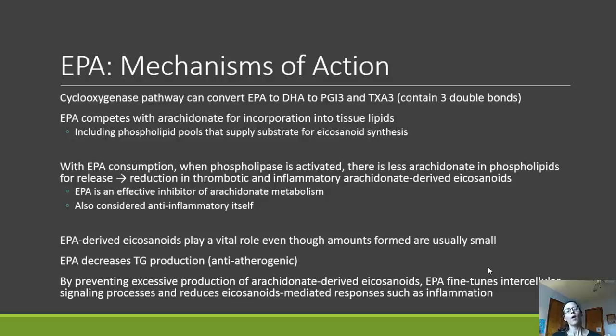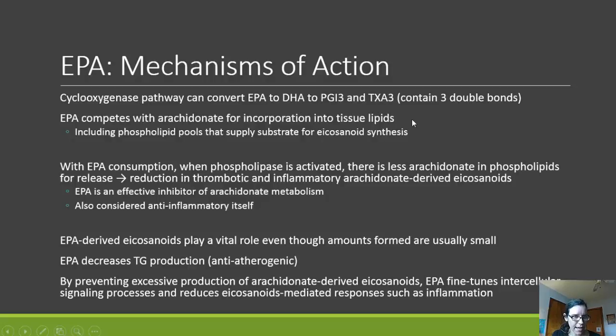So now we know that EPA has these beneficial health effects. How does that work? Well, first, we know that the cyclooxygenase pathway can convert EPA to a specific type of prostaglandin and thromboxane, and also it can convert it to DHA.